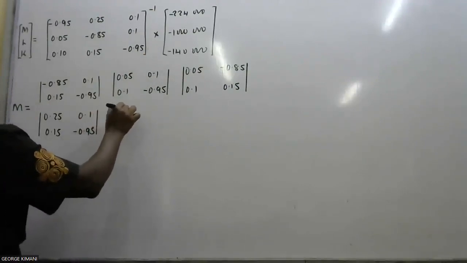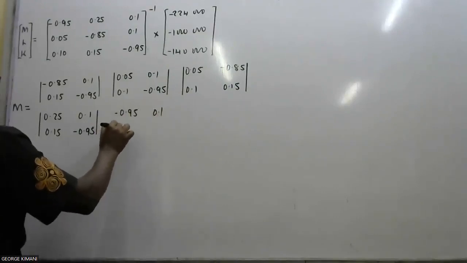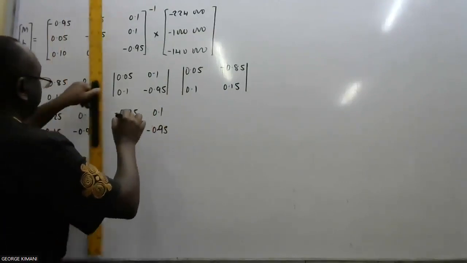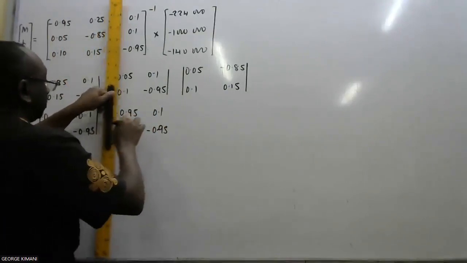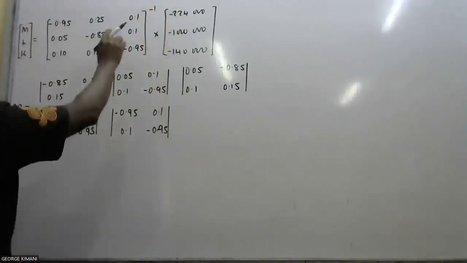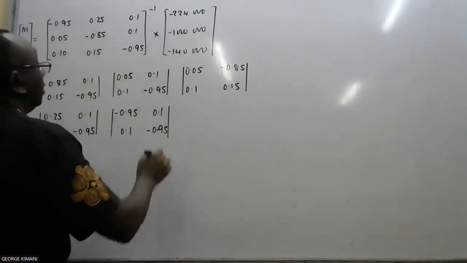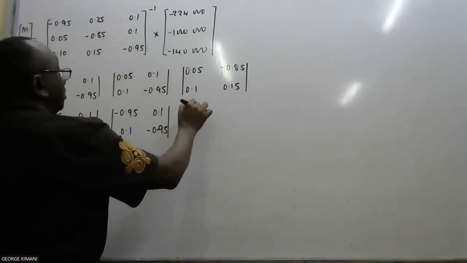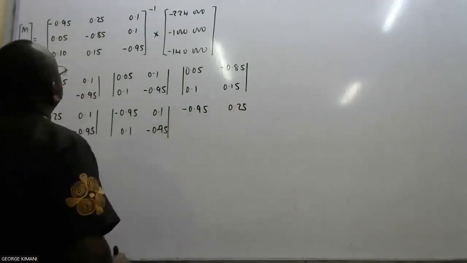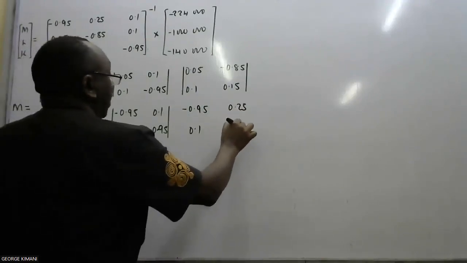So I'm left with 0.95, 0.1, 0.1 and minus 0.95. Nikikuja hapa nifunge second row, third column. So I'm left with minus 0.95, 0.25, 0.1, and 0.15.